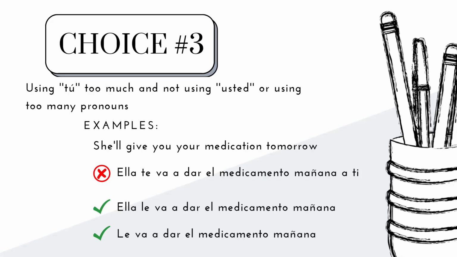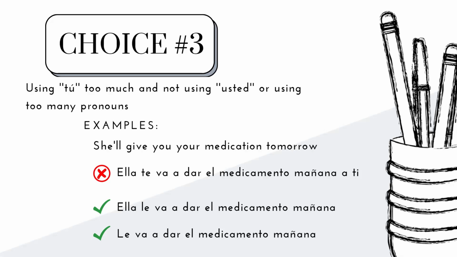In this case, it will be ella le va a dar. Le va a dar is equivalent to usted. And we also notice something else towards the end of this sentence. Mañana ella te va a dar el medicamento mañana a ti.